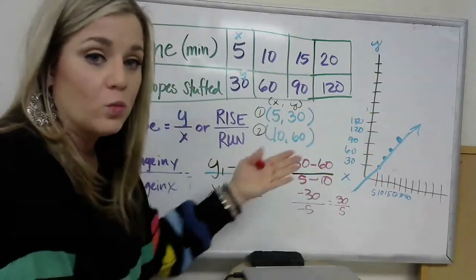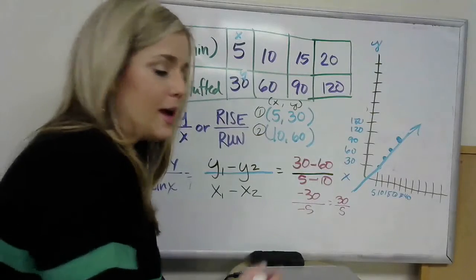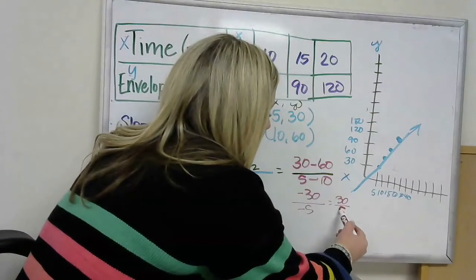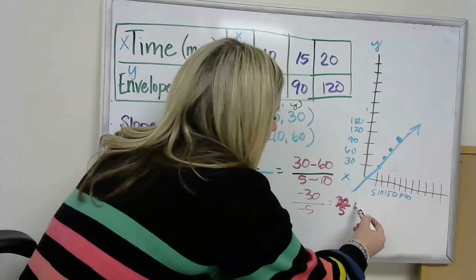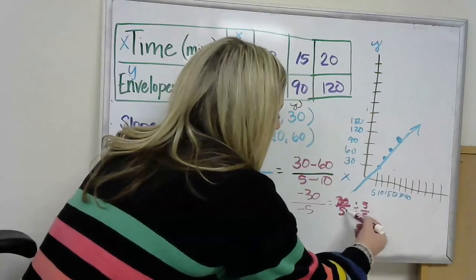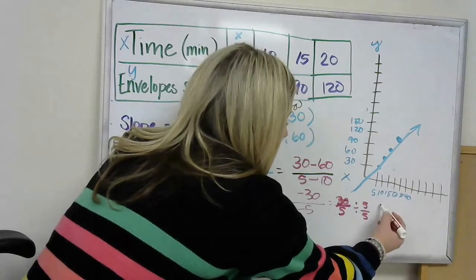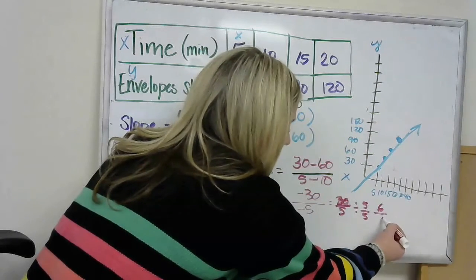All right, so let's simplify because that can get smaller. 30 over 5, okay? So I'm going to divide them both by 5 because 5 will go into both of them. And 30 divided by 5 is 6, and 5 divided by 5 is 1.